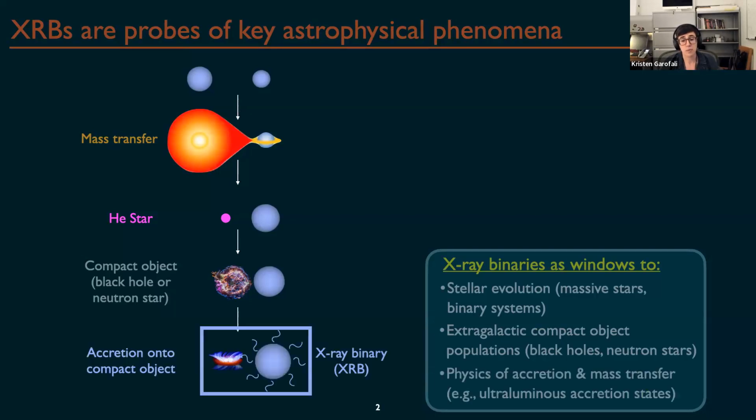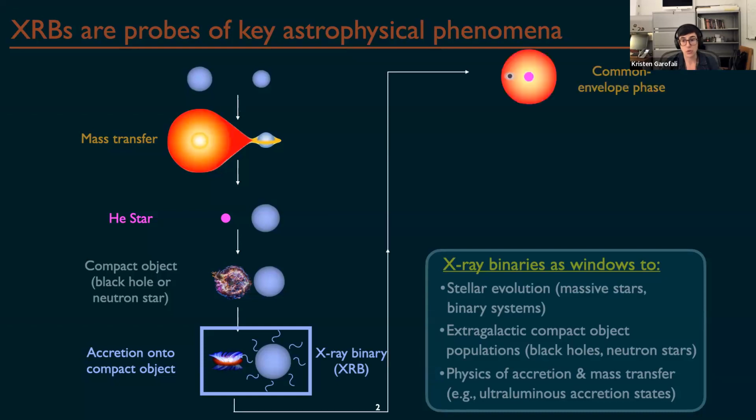And they're also probes of the physics of accretion and mass transfer, and sometimes at the extreme. As we heard with one of the questions, these sources can reach really extreme ultraluminous accretion states, so highly super Eddington accretion onto neutron stars. And so they really offer an interesting probe into the physics of accretion in those regimes.